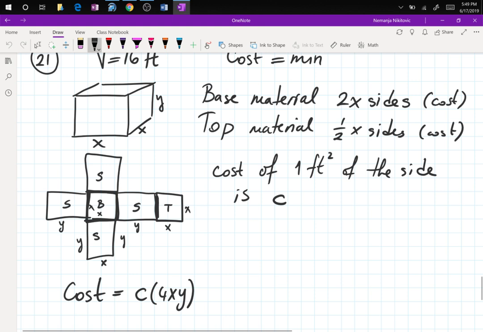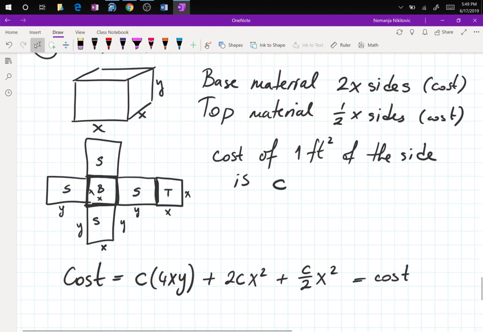C is the cost to make 1 side. You have 4 sides, and because you are doing this by feet squared, then we have the cost to be C times 4xy plus 2C is the cost for the bottom, and the bottom has x squared, plus C over 2, half of C, for x squared, which is the top. So that's the cost equation.